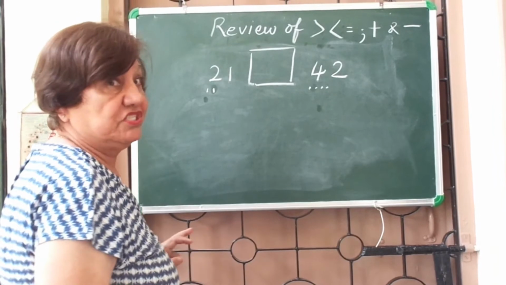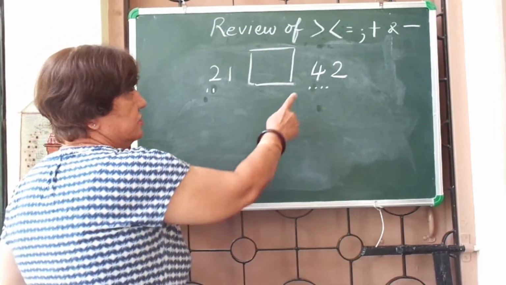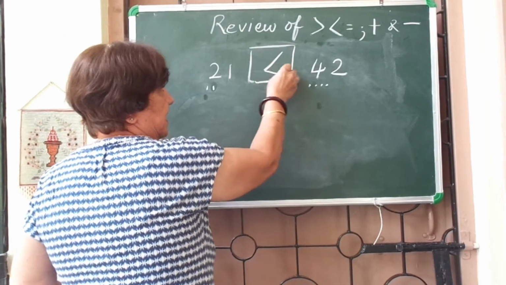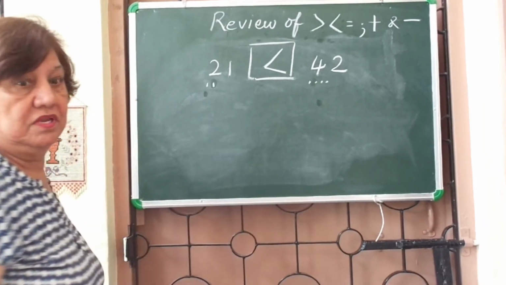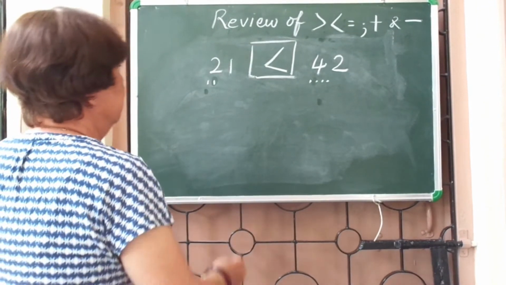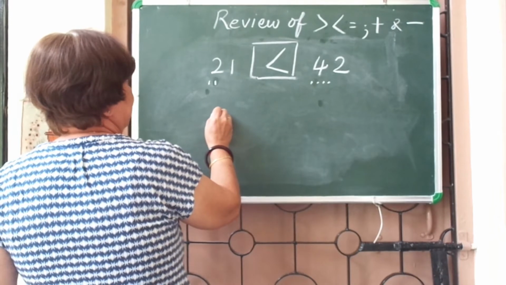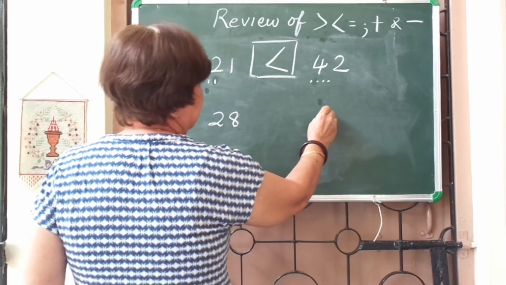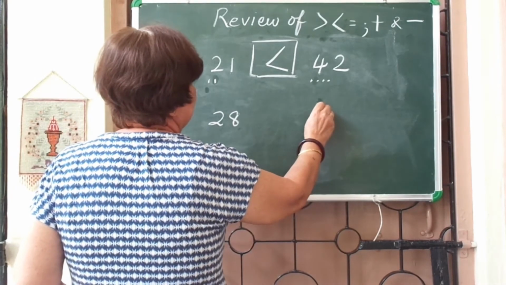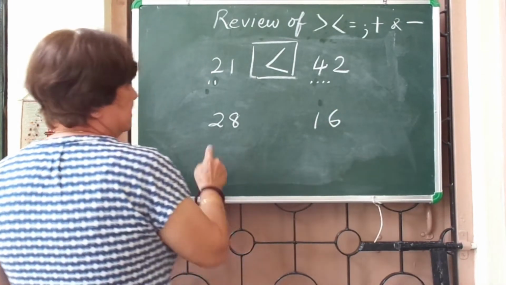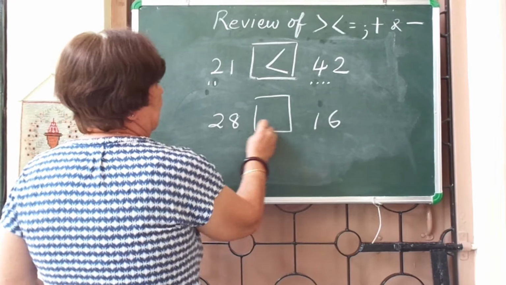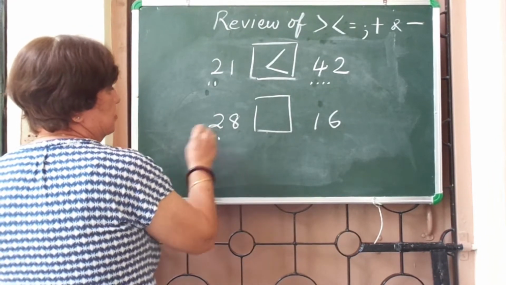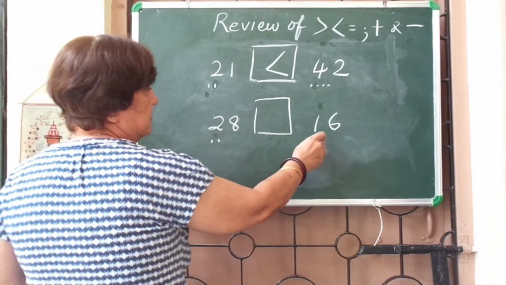So where will the machika move be open? Next to 4. And I'll write it like an L. Okay? Another sum where I will write 28 and here I am writing 16. Let's look at the first number. The first number is 2, so 2 dots. The first number is 1, 1 dot.